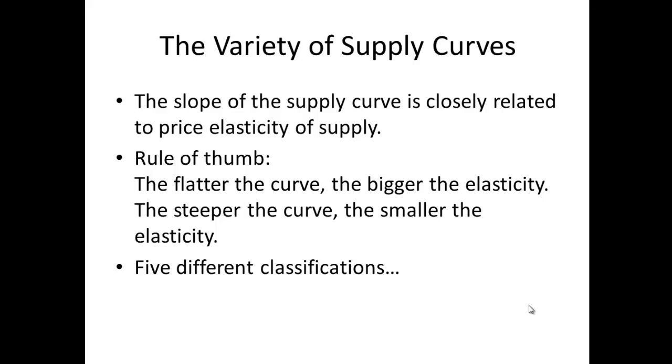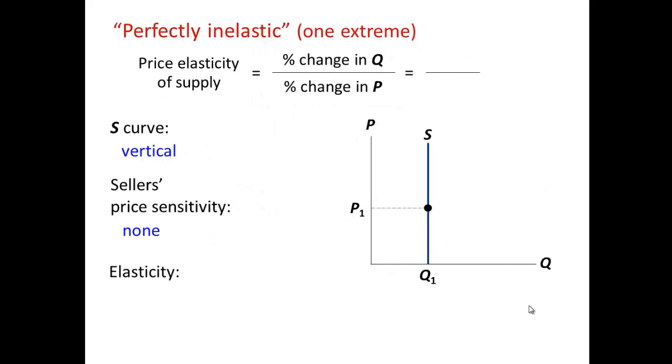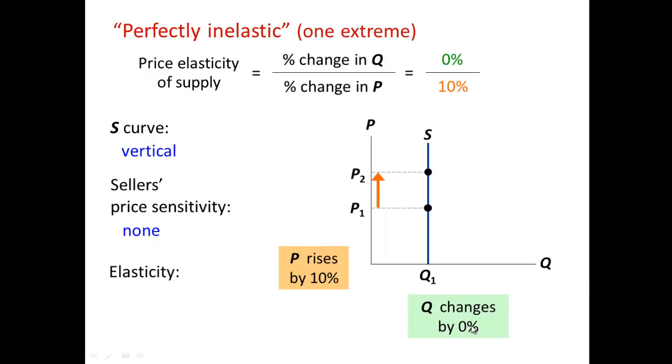Now let's apply the 5 different classifications to the supply curve. What we have here is the first one, which is perfectly price inelastic. Basically, what this says is that the supply curve is vertical, which means that no matter what the price is, the supply is going to stay the same.